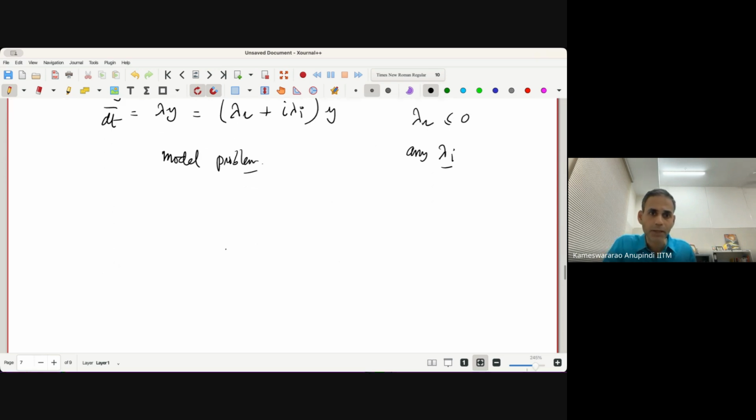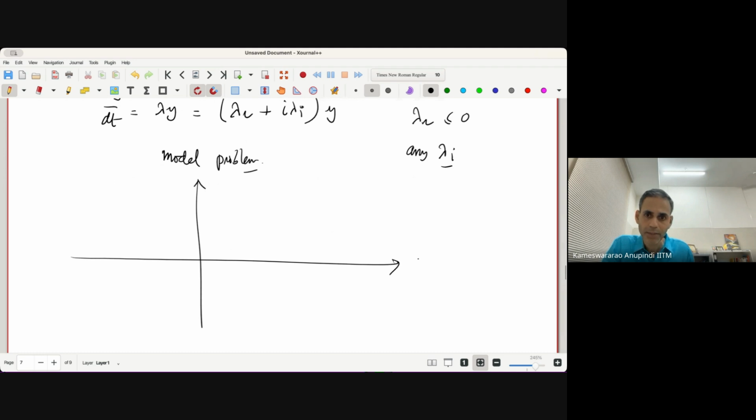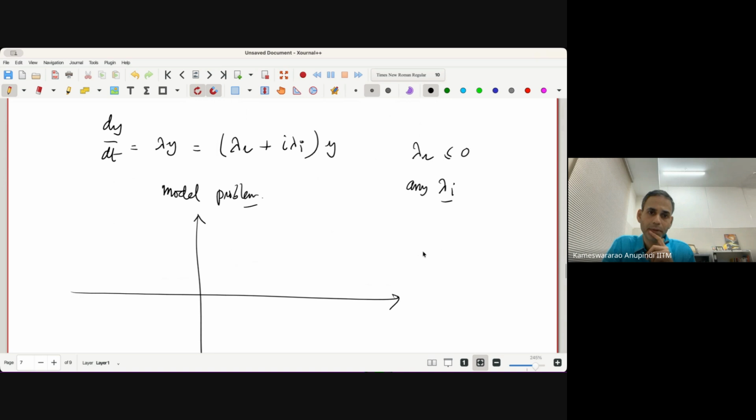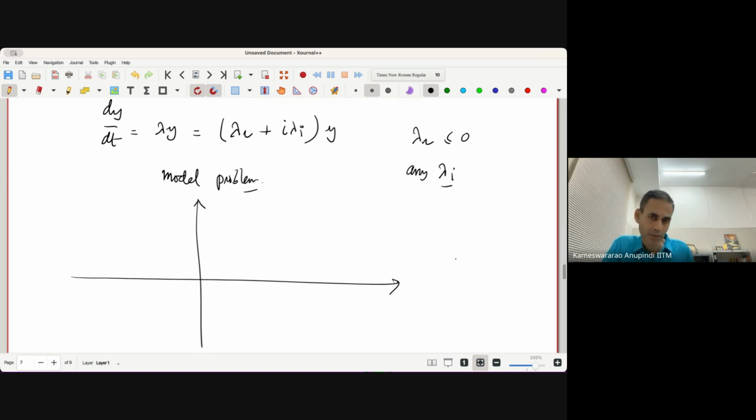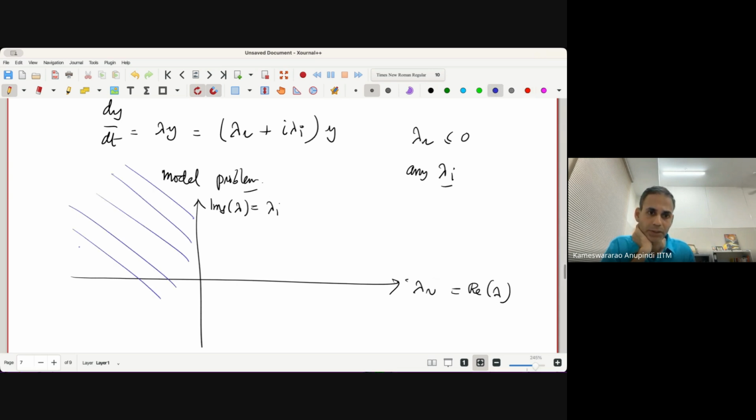If I were to plot the real and imaginary parts of lambda, let's say this is the real part, lambda r, and this is the imaginary part of lambda, that is lambda I. That means our solution space is essentially this entire space, right? We are saying lambda r is less than or equal to 0.